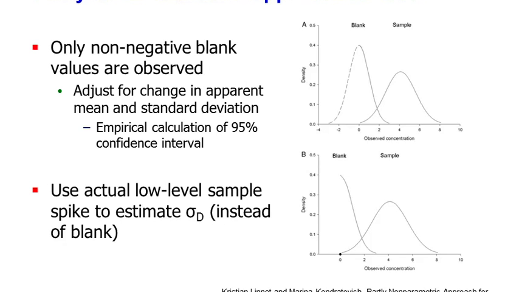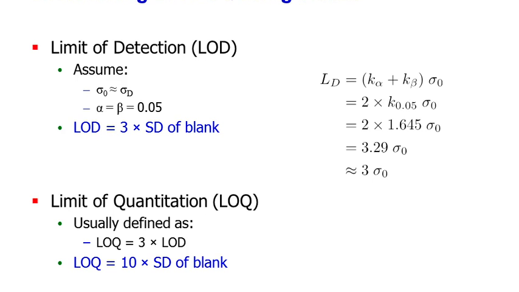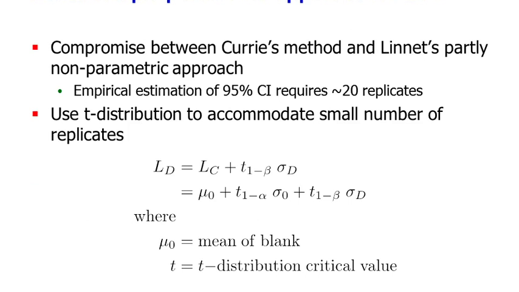So the other thing that we assumed when we did the Curry method was that the standard deviation of the blank and the standard deviation with the analyte in the sample are the same. That may not be the same. And so in order to account for that, we actually use what is called a low-level sample.